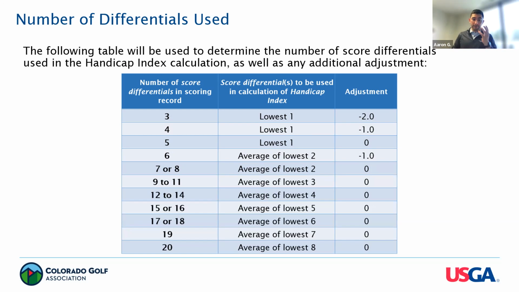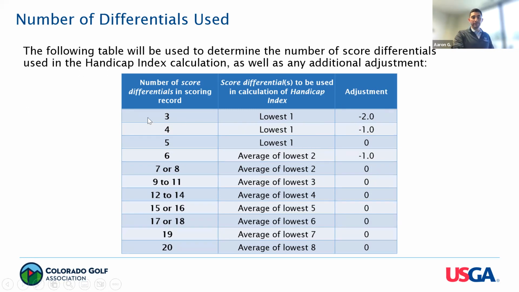So in order to protect the field, if that person with that initial handicap index decides to play in an event, the system will automatically take a bit of a haircut. As you'll see here in this chart, which can also be found in the rules of handicapping, with those initial 3 scores, the system will take the lowest 1 differential and subtract 2 points from it, thus protecting the field if they were to play in an event.